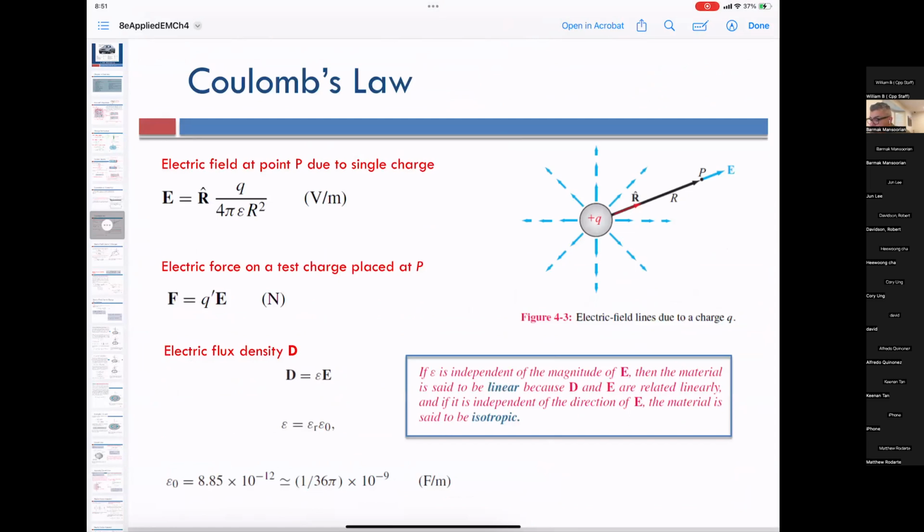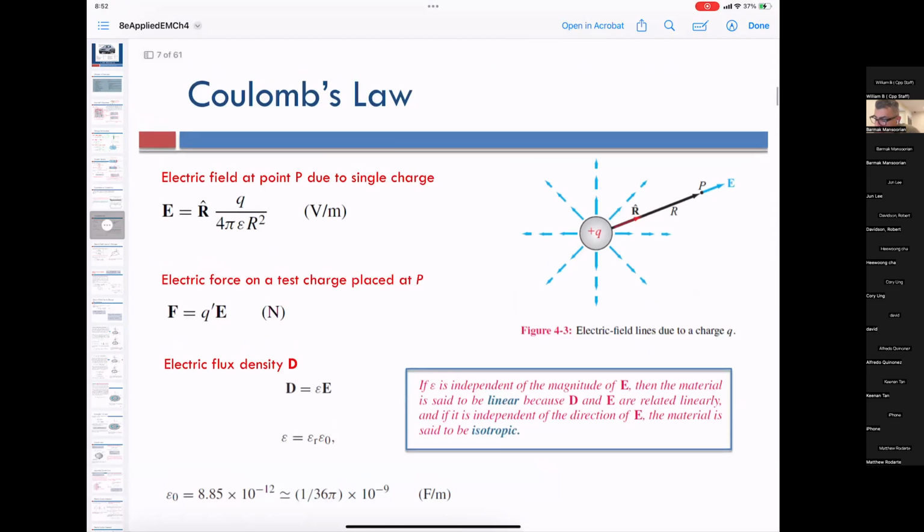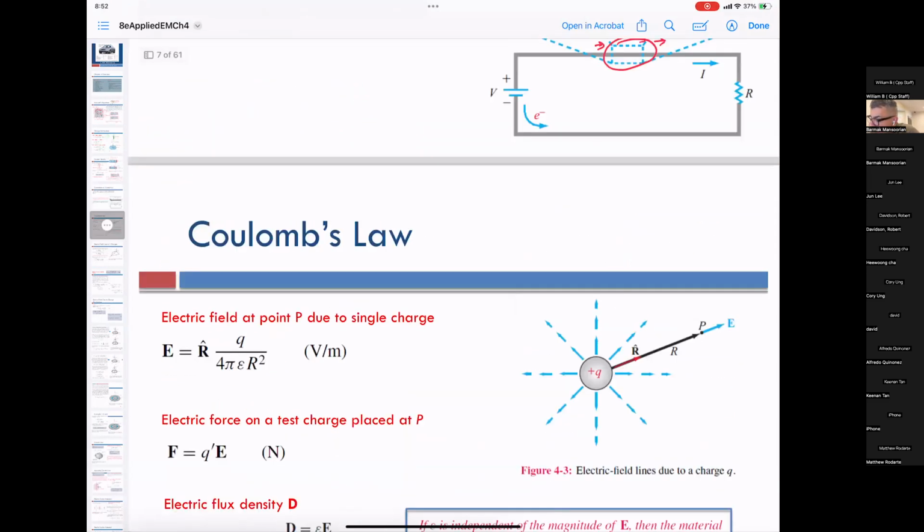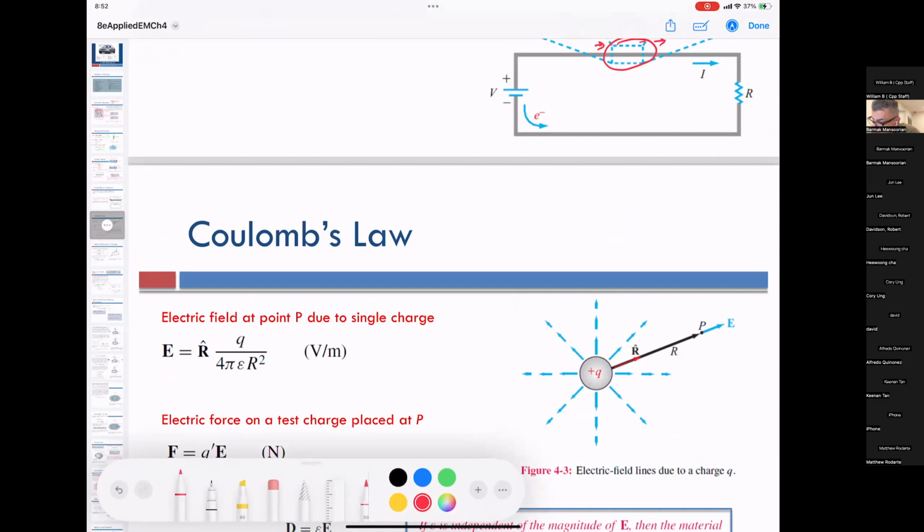So now we want to talk about the electric force and electric field. Coulomb's law gives you the force, the attraction or repulsion between two charges.